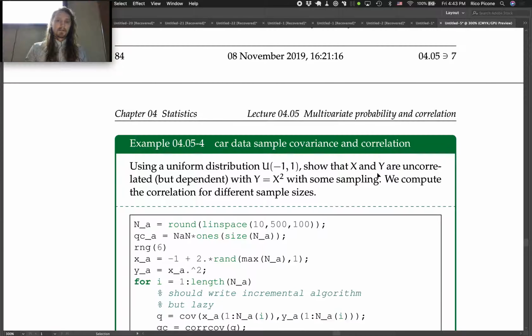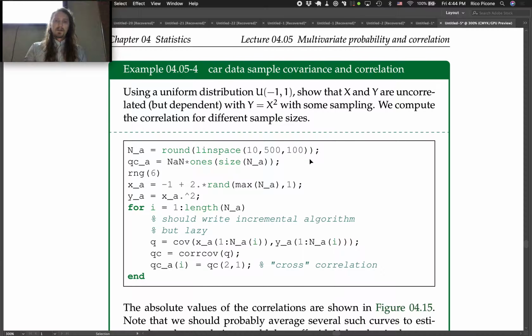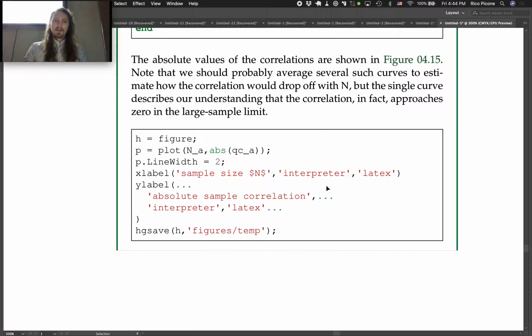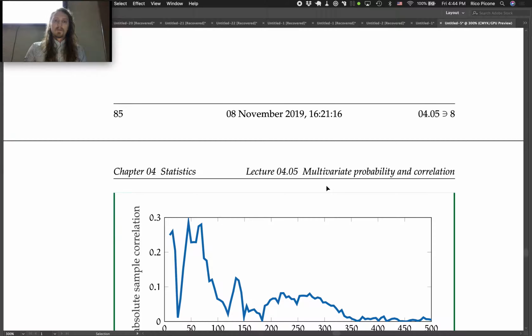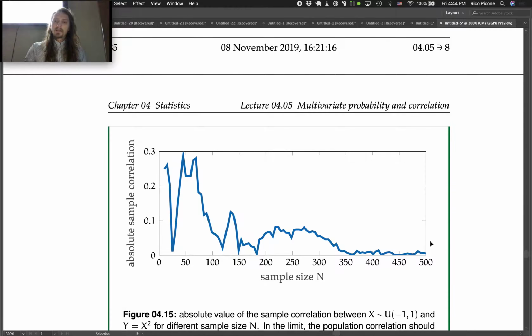So let's do that. Let's take a uniform distribution, and we'll have x be a uniform distribution and y be the square of that sample, and we just essentially compute the correlation, and we find that if you take the sample size to be large enough, the absolute sample correlation goes to 0, which is what we expected.